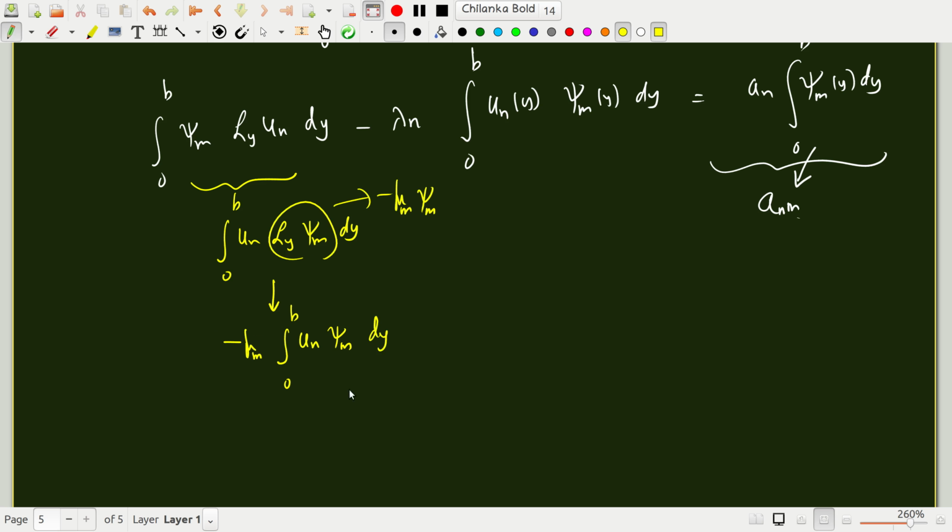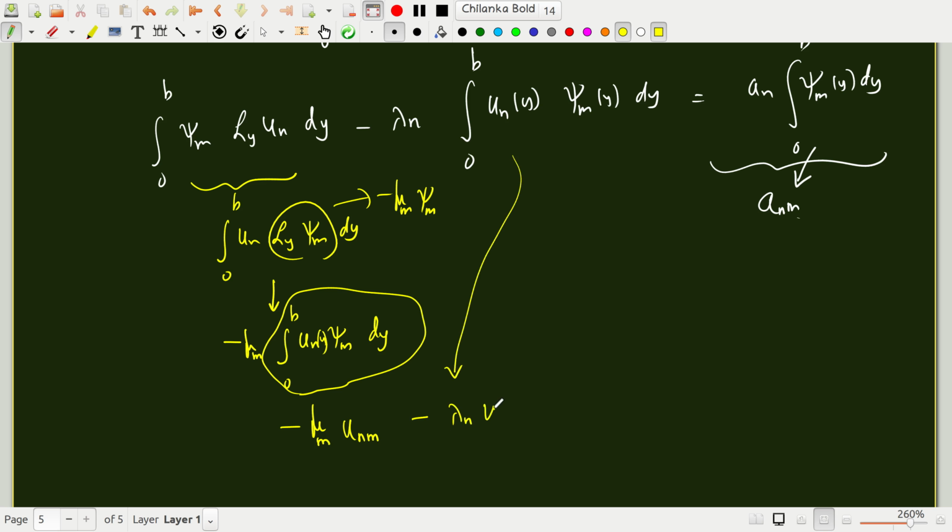So dy, now this is nothing but mu m. I'm going to call this unm, because you are integrating un, which is a function of y, multiplied by psi m and integrated over y. So this is a function of both the indices n and m, so I'll call it minus unm, right? And then here also this term will become minus lambda n unm, is equal to anm.